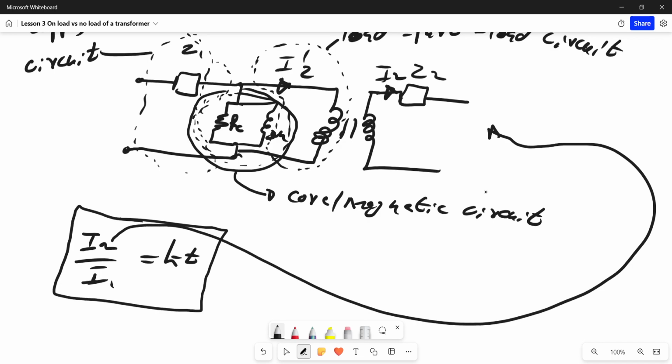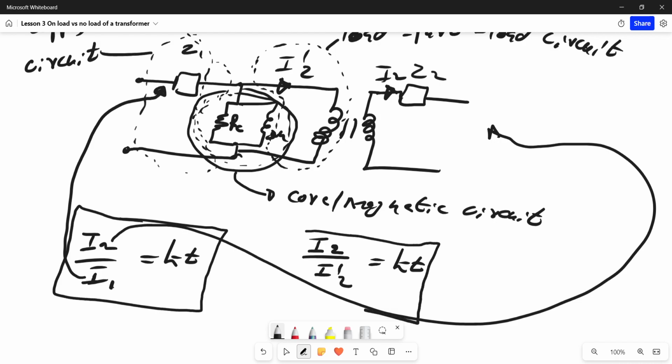I1 is the current that flows here. Now what happens if you meet another equation, because they're both valid: I2 over I prime 2 is equal to KT. This is the second equation.